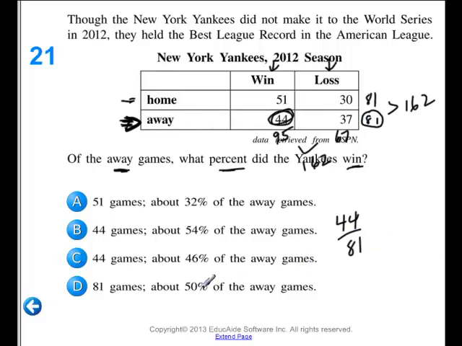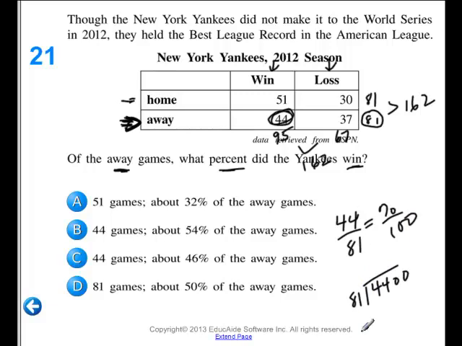And that right there shows me 44 games, about 54%, and 44 games, about 46%. So 44 out of 81, let's do our percent because both of these are the same. So we multiply here, 4,400 divided by the 81.